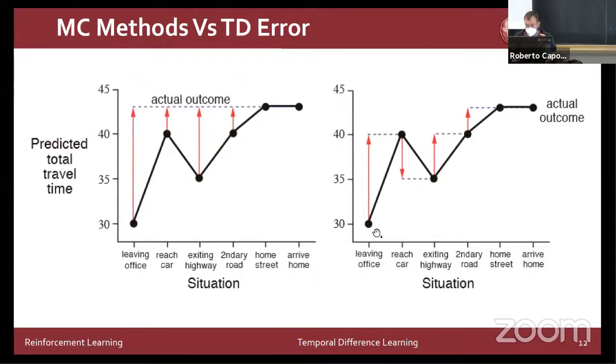In temporal difference, we're considering specifically how each step contributes to the final outcome. For example, in this case, we're bringing down the reaching car because it doesn't take a lot of time to reach the car, but maybe it takes more time to exit the highway. So using the temporal difference method, we're basically assigning more quickly a higher or lower value to the states that contribute the most to the final outcome.